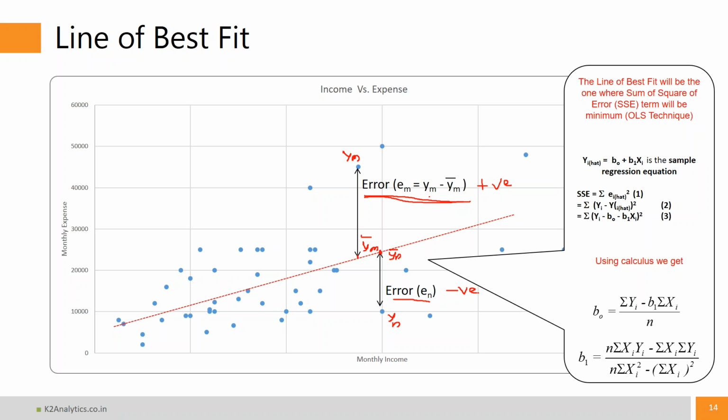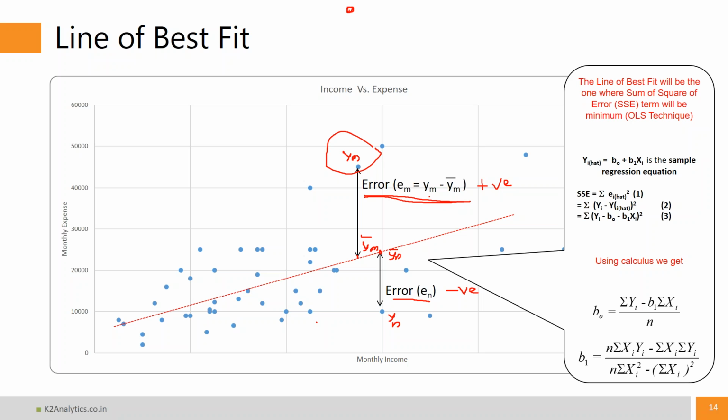If I do simply the summation of these positive and negative errors across all data points, it is quite possible that you may get a line which is not a best fitment, because it is quite possible that one term which is an outlier here will have a huge error, and that nullifies many small errors on the downside.